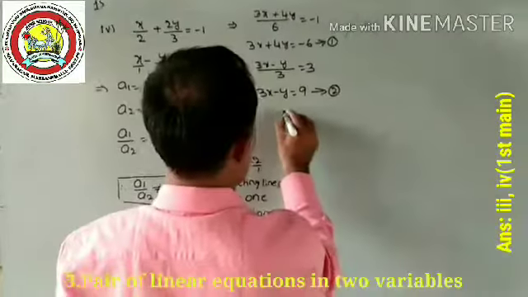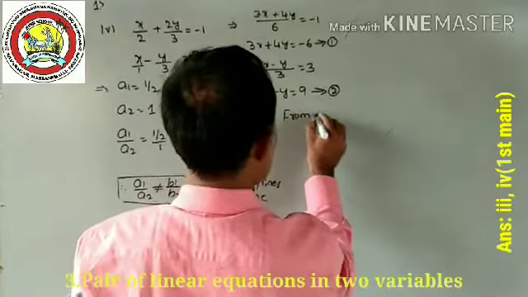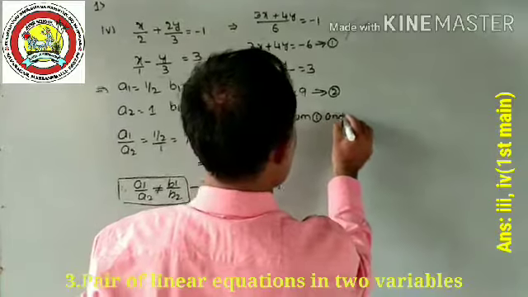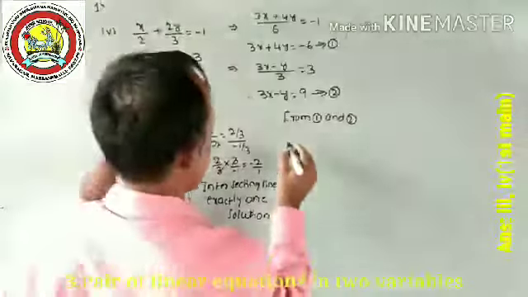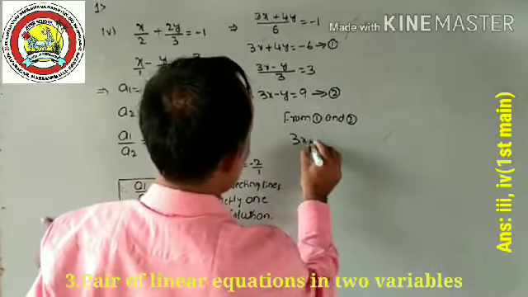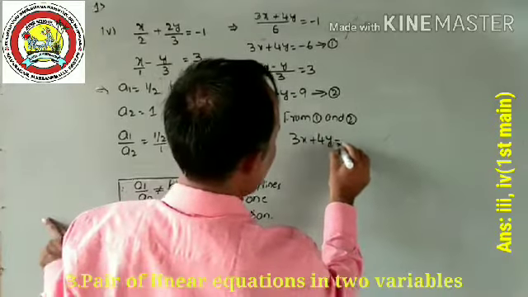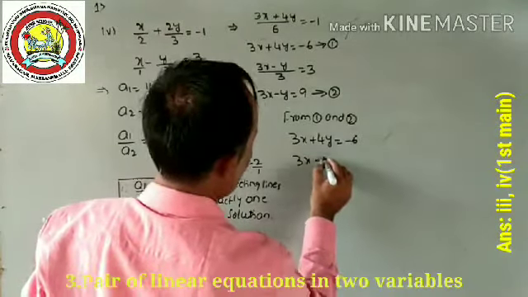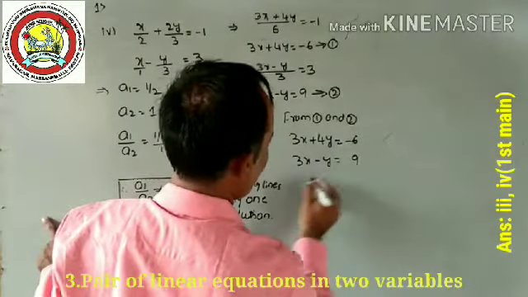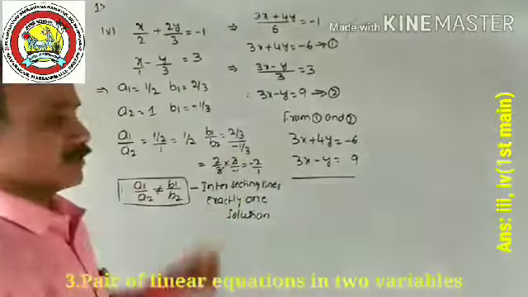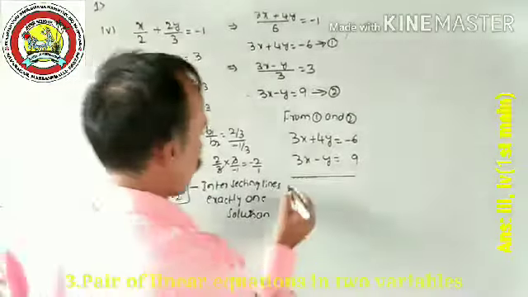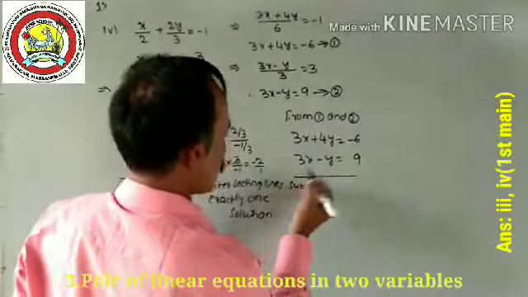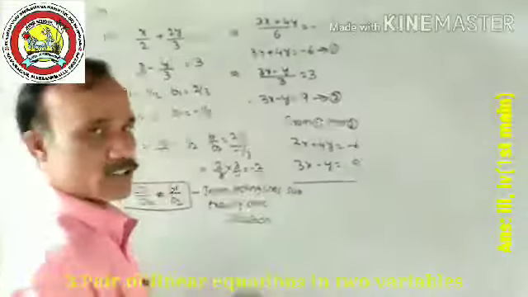Now from equations 1 and 2: the first one, 3x plus 4y is equal to minus 6, and the second one, 3x minus y is equal to 9. That's very simple. You only have to subtract, because the coefficient of x in both equations is the same.